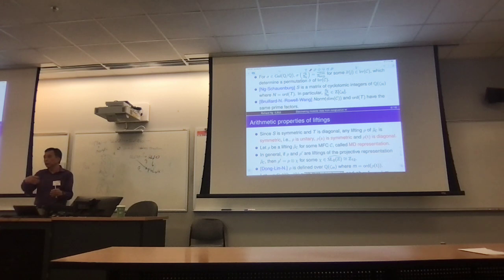The prime factors of the norm of the global dimension are the same as the prime factors of the order of T. This is actually a generalization of the Cauchy theorem, so we simply call it the Cauchy theorem. You may not see why it's the Cauchy theorem, but I don't want to spend time to explain why. But this is an arithmetic rigidity that appears in the modular data.